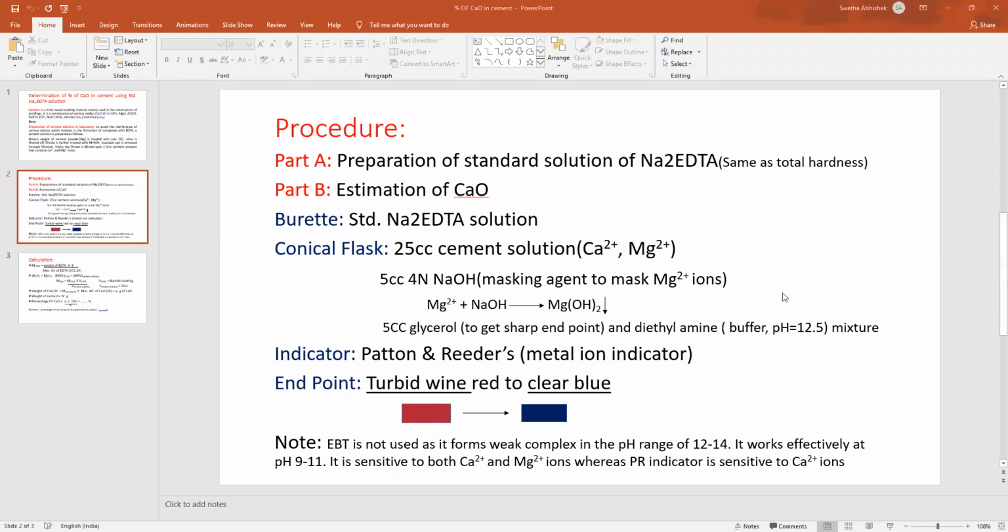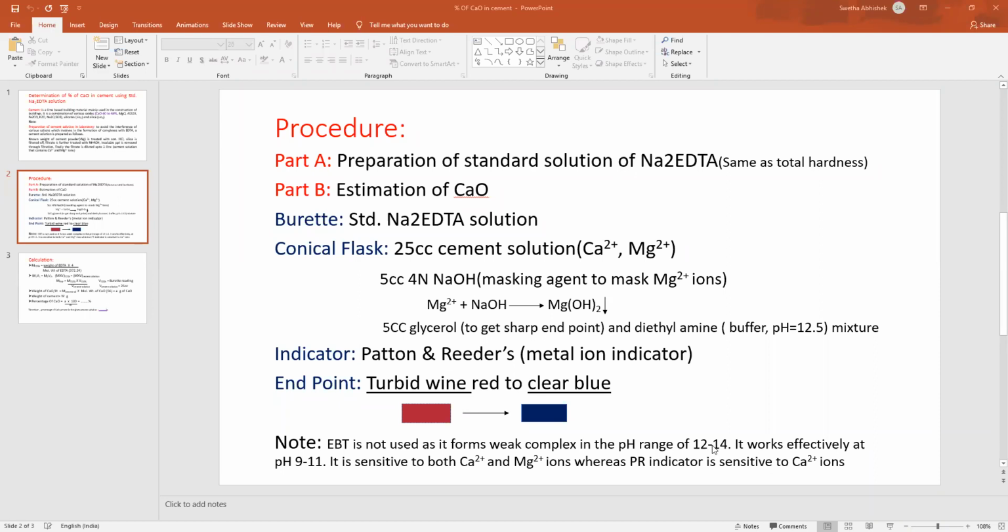This is because even though EBT is a metal ion indicator, it is not efficient if it is used in the pH range of 12 to 14. If it is used in that range, it forms a weak complex. The metal ion Eriochrome Black T complex formed is found to be very weak in the pH range of 12 to 14, which indicates that EBT is inefficient in that range.